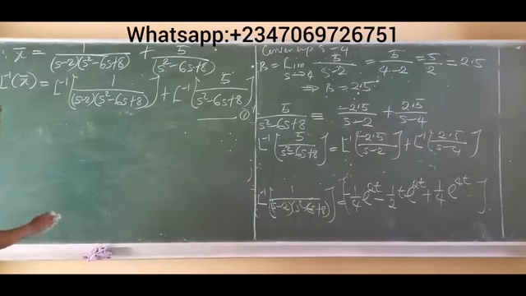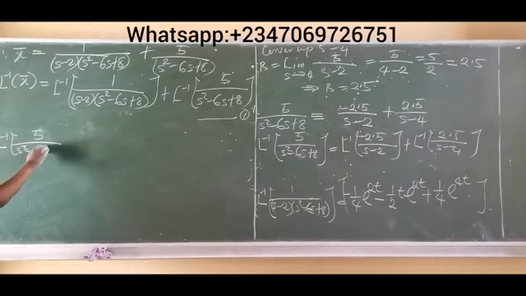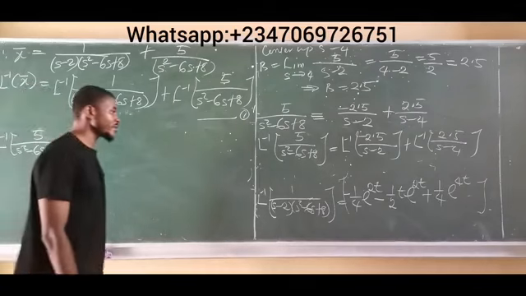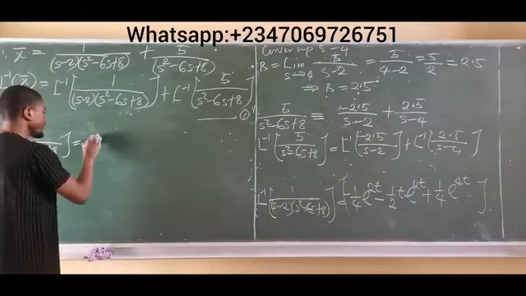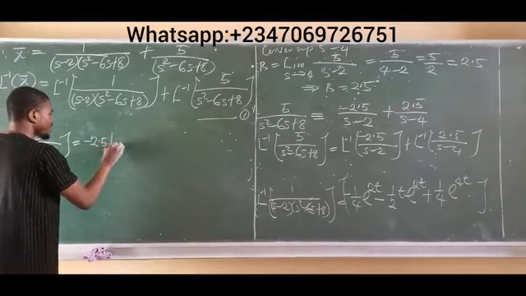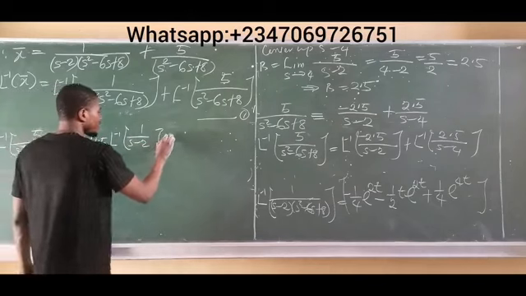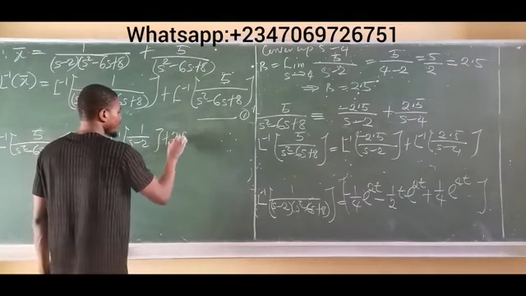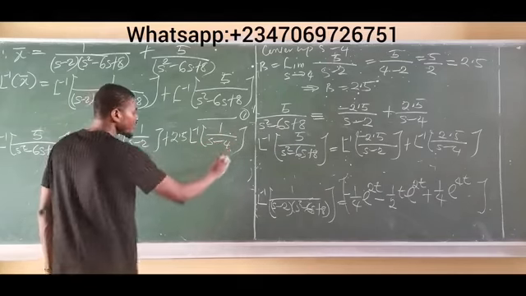So this means the Laplace inverse of 5 all over x squared minus 6x plus 8 is now equal to, as usual, let's pull out all the constants. So I have minus 2.5 Laplace inverse of 1 over x minus 2 plus 2.5 Laplace inverse of 1 over x minus 4.